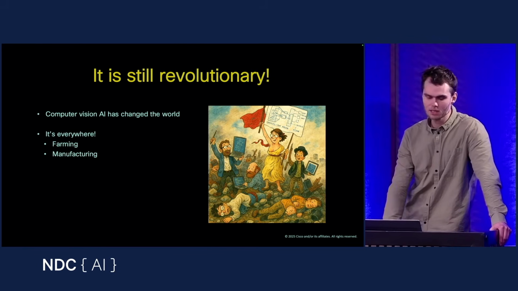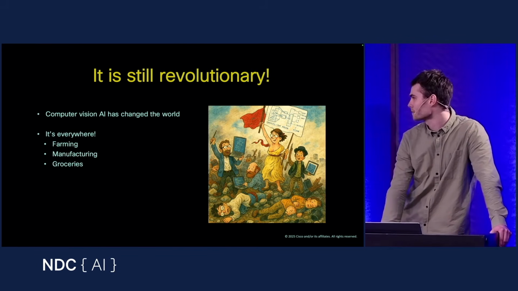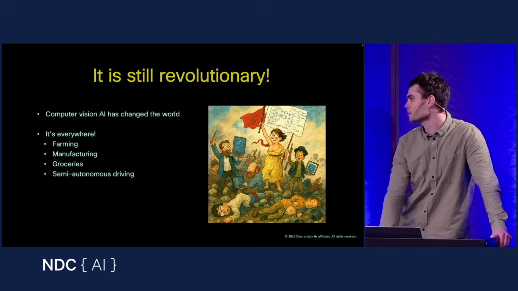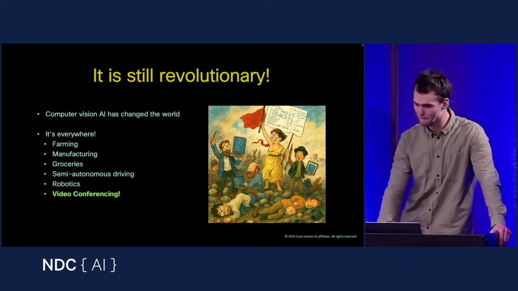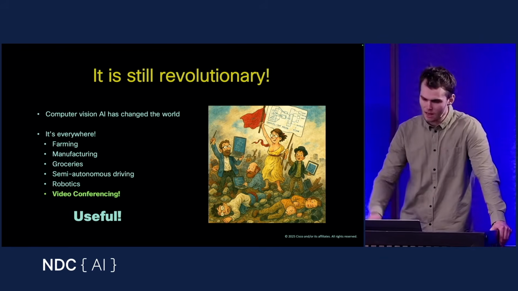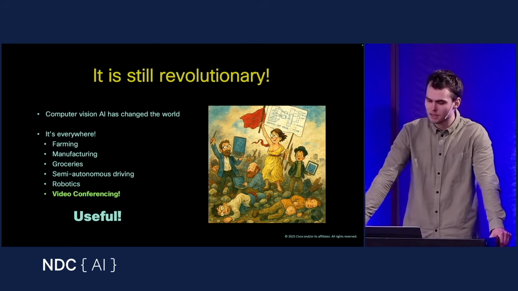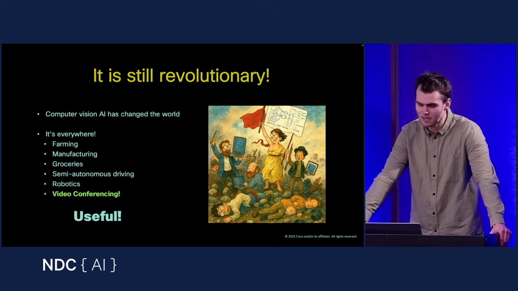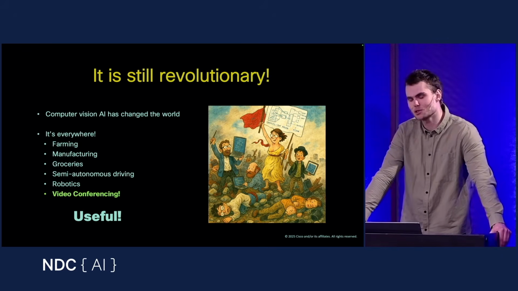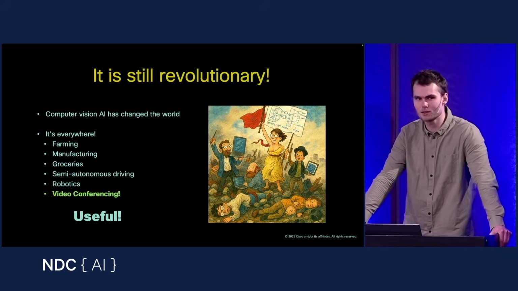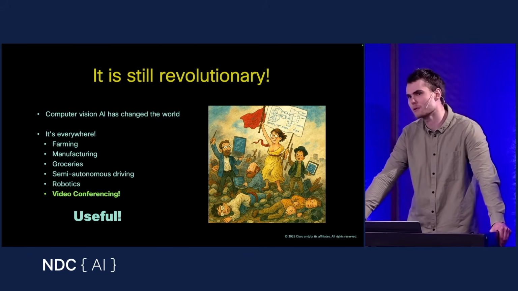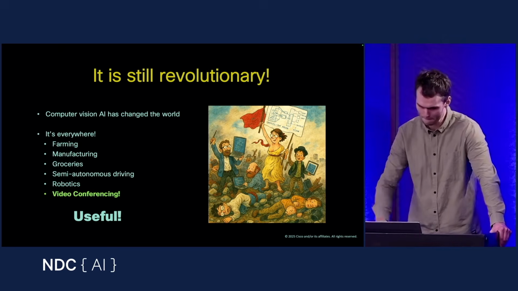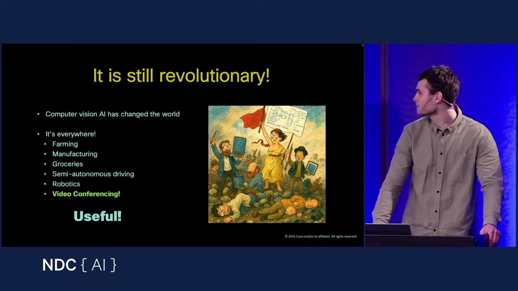They're in farming, manufacturing, groceries, semi-autonomous driving, robotics, and yes, even video conferencing. They're extremely fast, scalable, and cheap, perform even in limited situations, and sure, they're not perfect, like anything you do in machine learning, but they're often so good that they can operate completely without human supervision. They're simply useful.